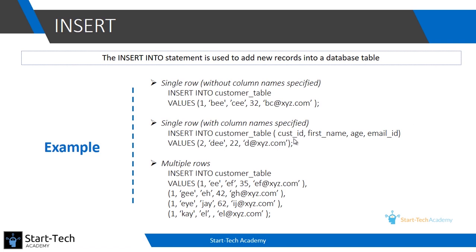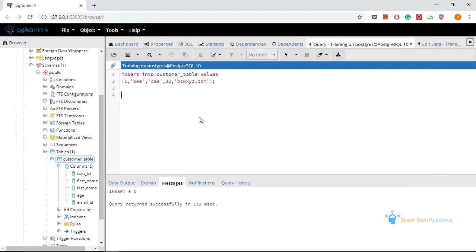So in this example, you can see the customer does not have any last name. So we mention the customer ID, first name, age, and email ID as the columns in which value is to be filled, and then we give the values. So now let's toggle back to PG Admin and run this query also.